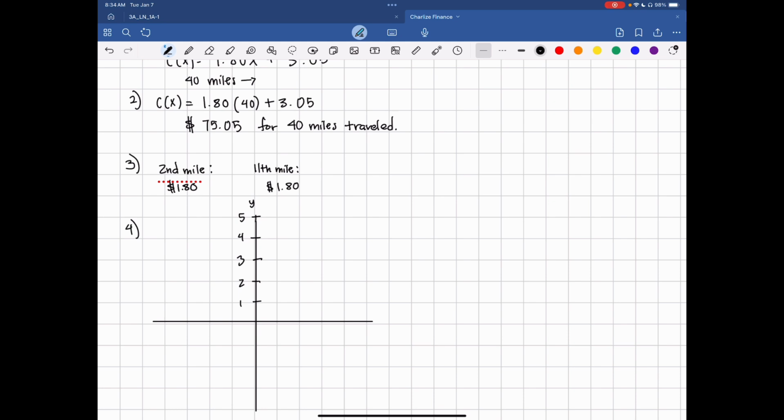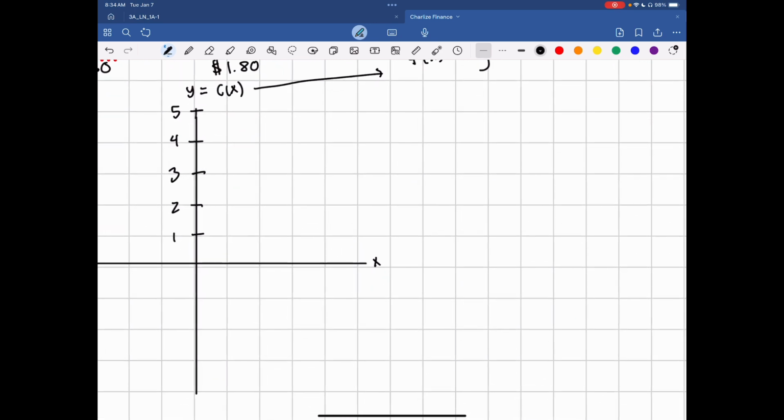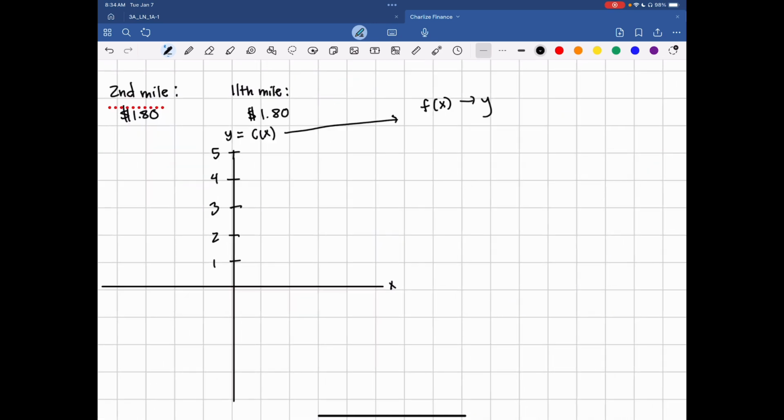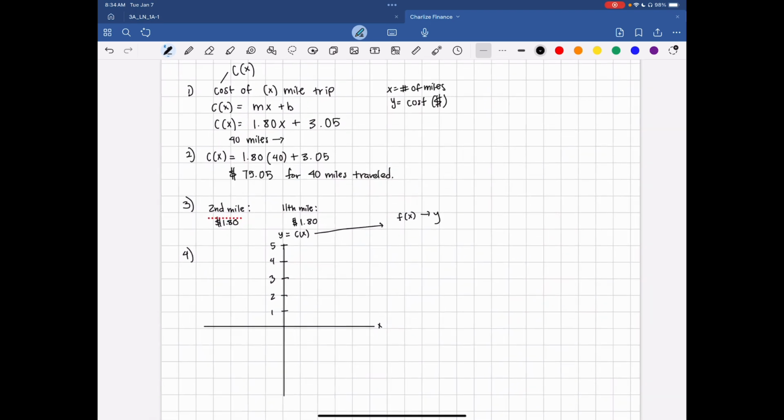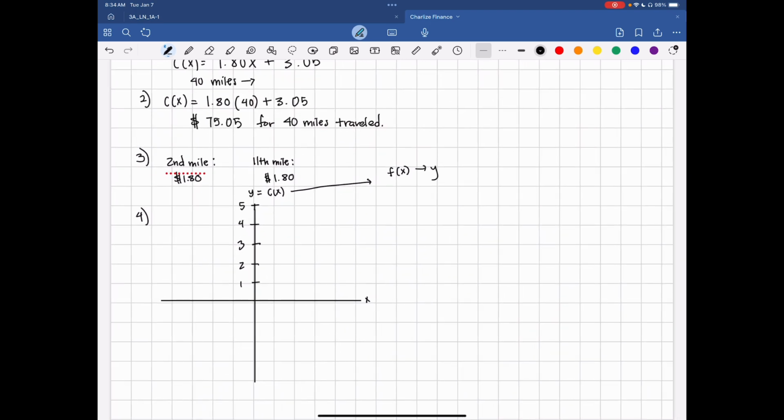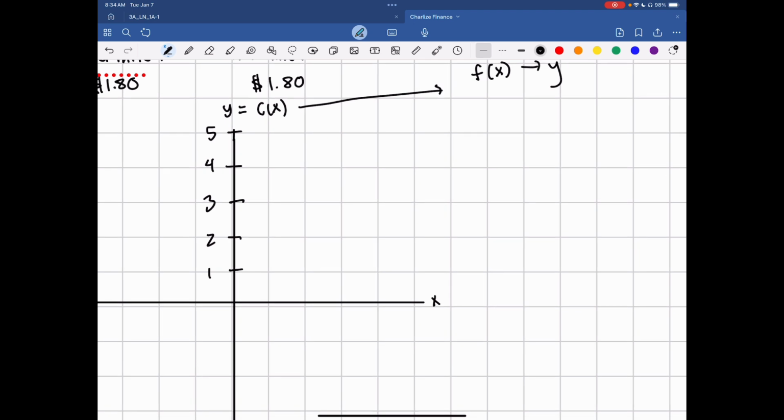This is the y, and once again, the y is our C of x. It's the same reason why when you have f of x, they're the same. So to graph it, you would start from if you were to travel 0 miles, but you still enter the cab, you'd be charged about $3.05.